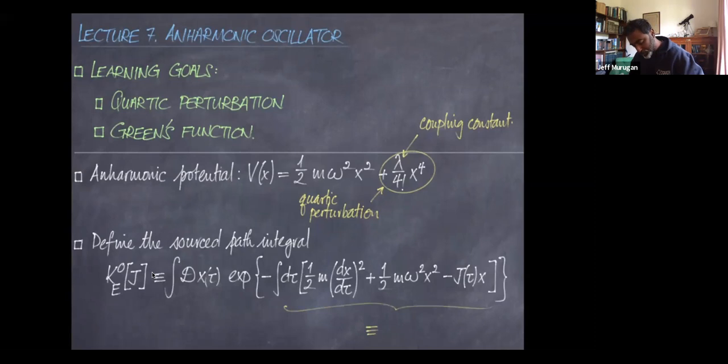And I'm going to call that S Euclidean naught, which is going to be a functional of X and J because I integrate out the tau dependence, and what's left is a function of tau, and it contains X and J variables.